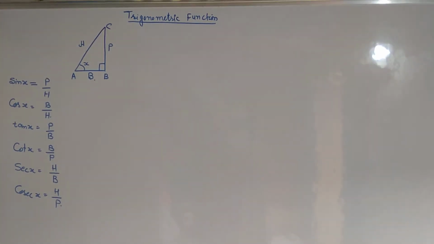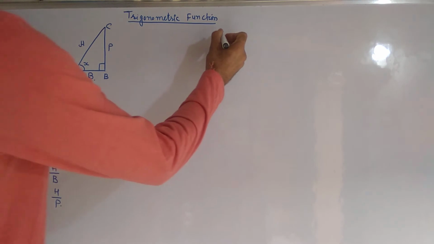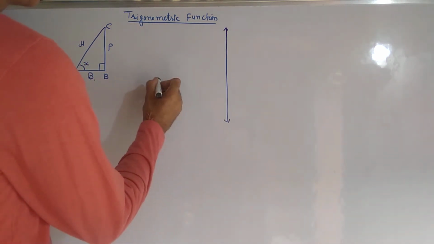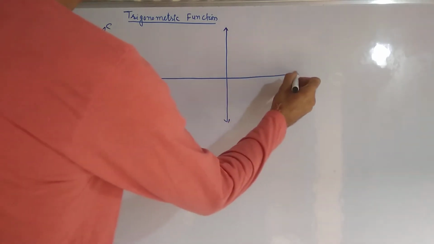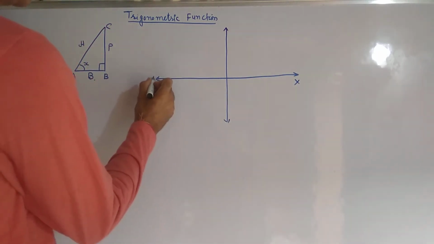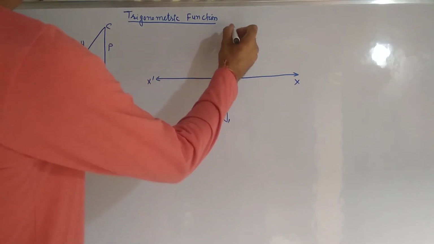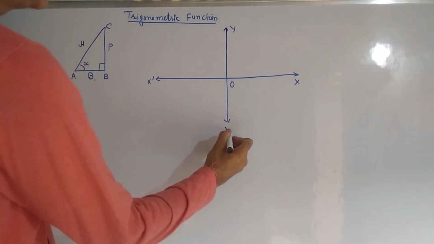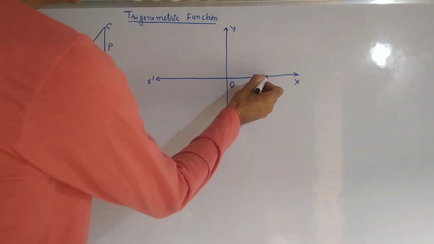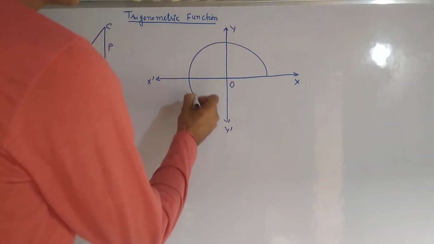Now we will see here in the coordinate axis. Suppose this is the coordinate axis, x-axis, O is the origin, and this is the Y axis. Now we will construct a unit circle here.